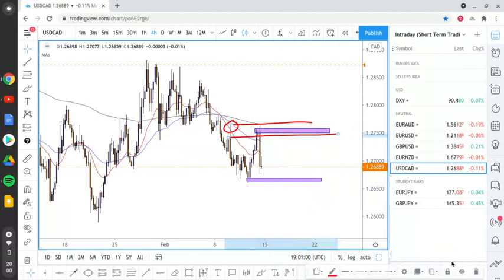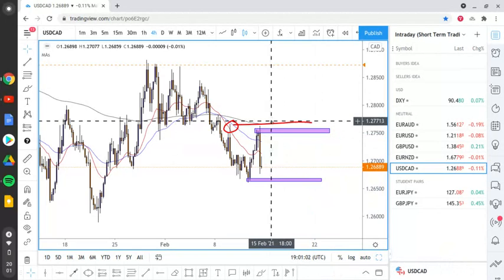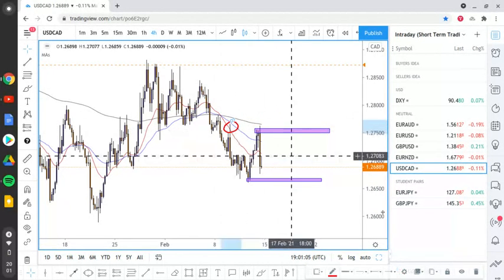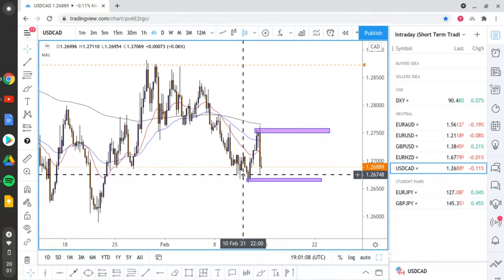Because at the end of the day, this is a 4 hour chart, so it's only 30 candles or so a week. So it's not as if it's going to create loads and loads of price action. It still is only going to be 1 or 2 main swings in the week. That is the main swings that you want to be catching.